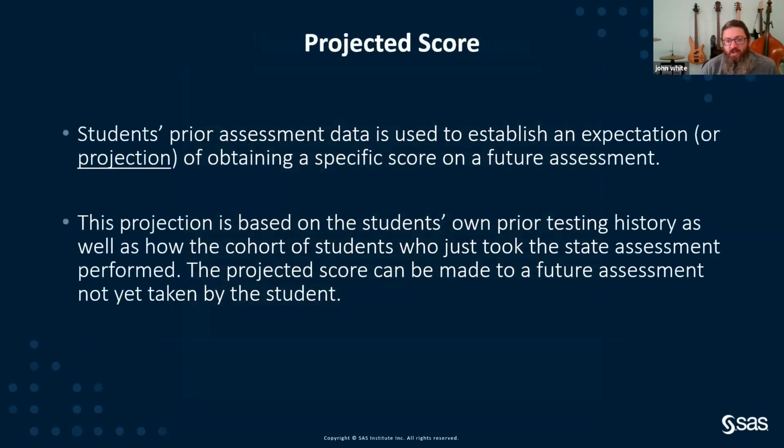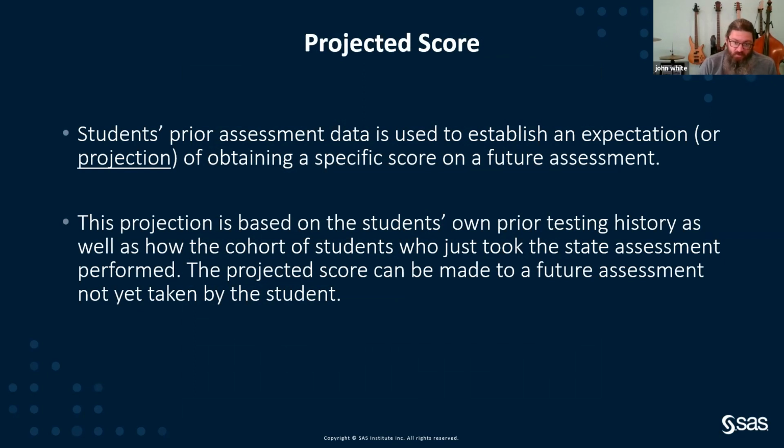But the actual projection model itself does create a projected score or an expected score. So it does provide an expected score as well as some information about how precise that expected score is.